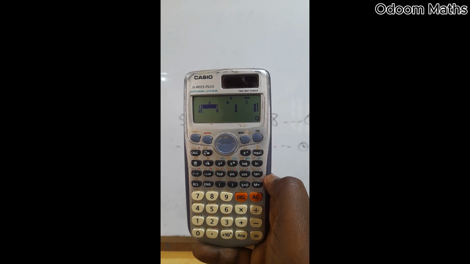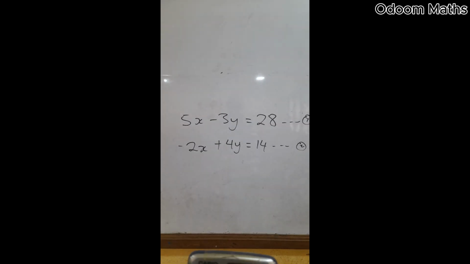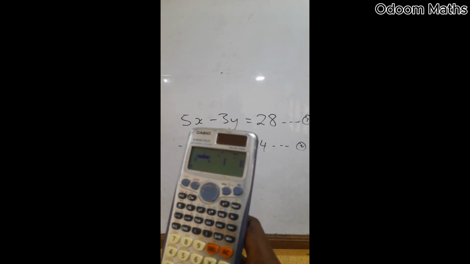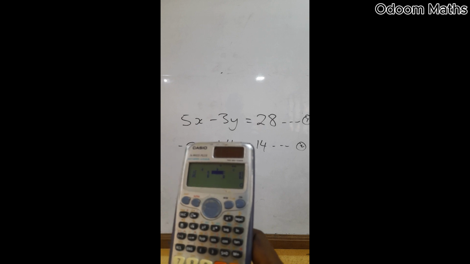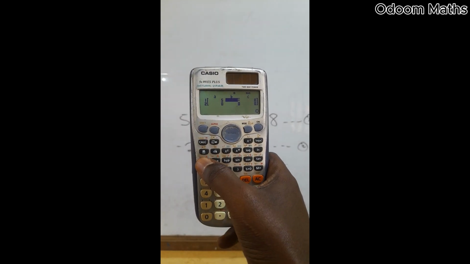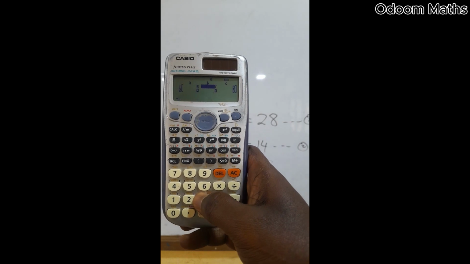First equation 1: 5, equal, negative 3, equal, 28, equal. Then equation 2: negative 2, equal, 4, equal, 14, equal.